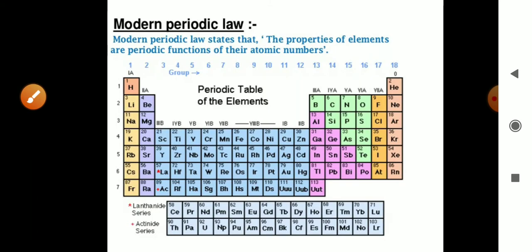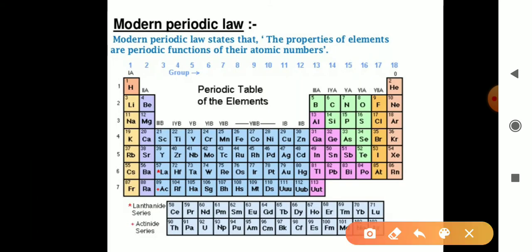If we consider the first period, there is a nucleus, and around the nucleus there is only one shell for all elements in the first period. In the first period there are only 2 elements: hydrogen, and in the 18th group helium. So hydrogen and helium, only 2 elements in the first period. So this first period completes shell number 1.